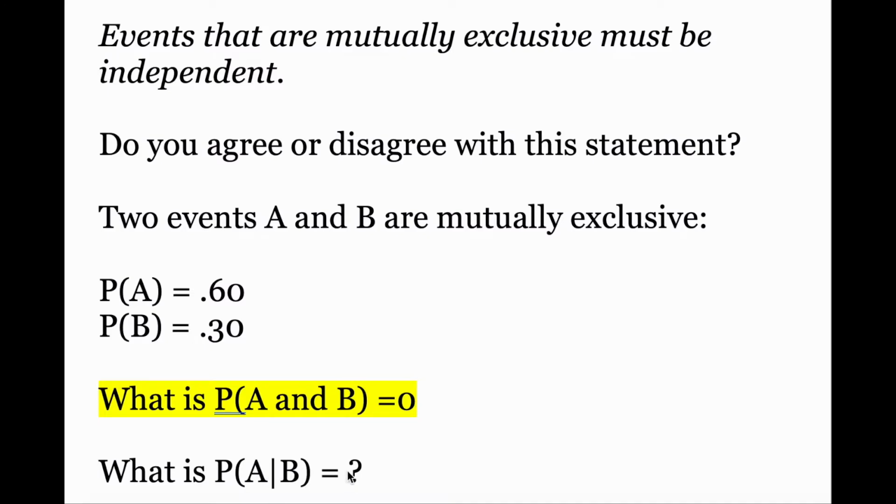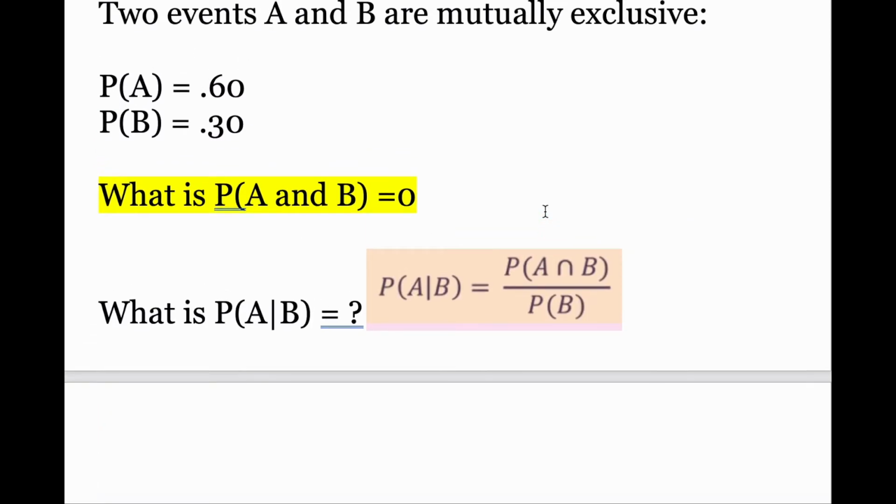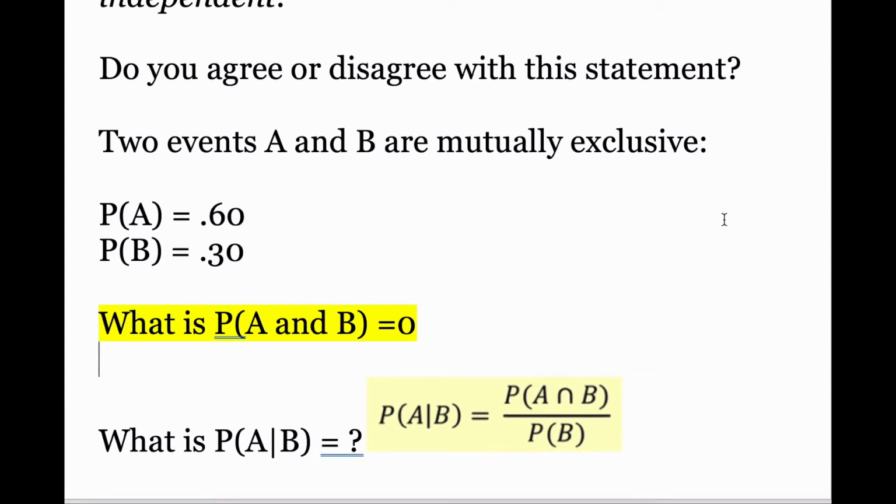In order to solve this, we are going to apply our conditional probability formula. According to the conditional probability formula, the probability of A occurring given that B has occurred is equal to probability of A and B divided by probability of B. In this case, because events A and B are mutually exclusive, we concluded that probability of A and B occurring is equal to 0.